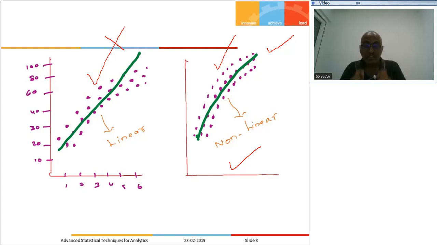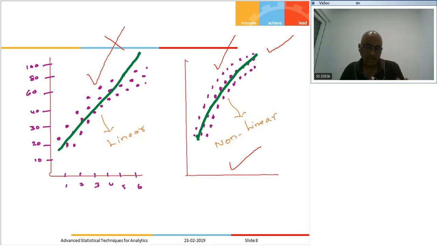It never gives any clue with respect to linear or non-linear. It is our job to find out that relation with the help of the regression concept.